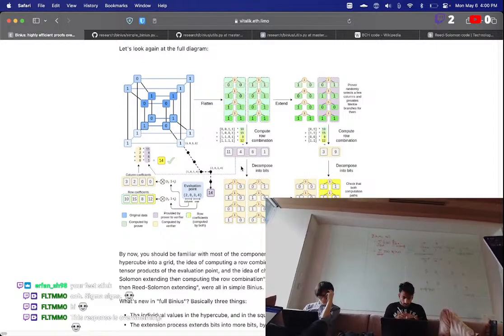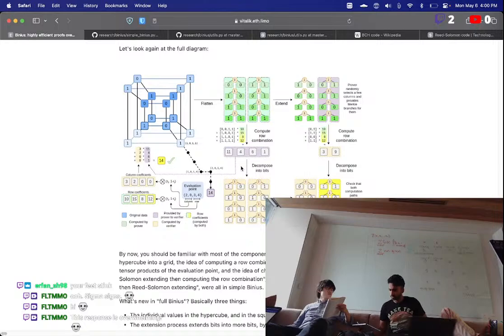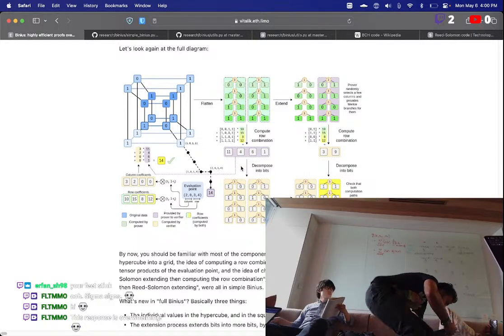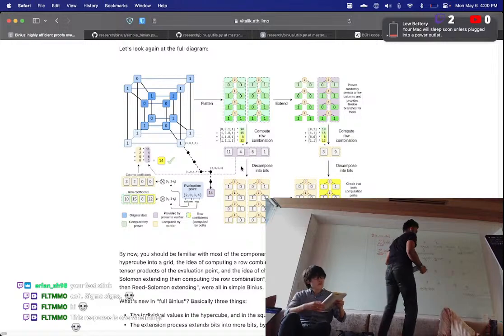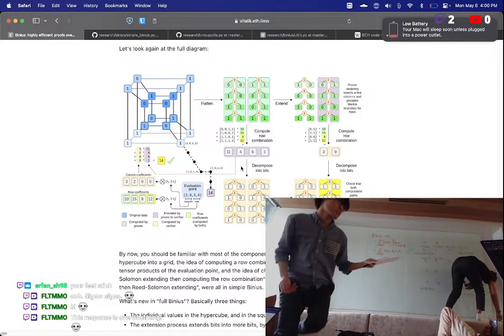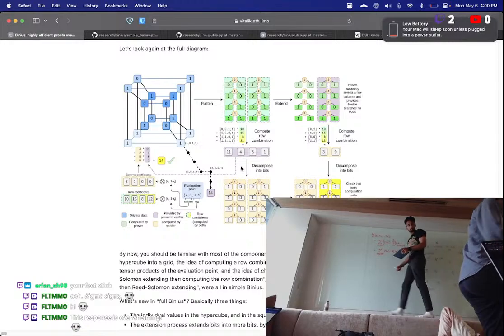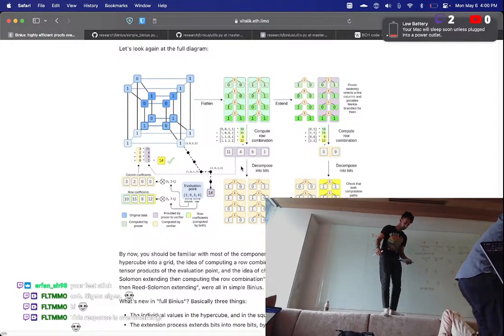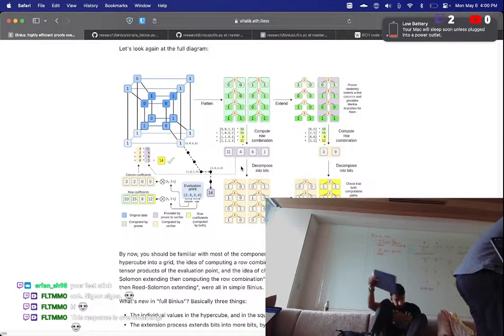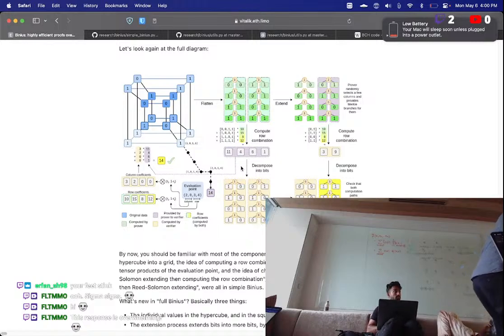0, 0, 1. Maybe can explain how they are... So one bit, first bit means 1, second bit means x0. Oh, okay. I can share the profile.